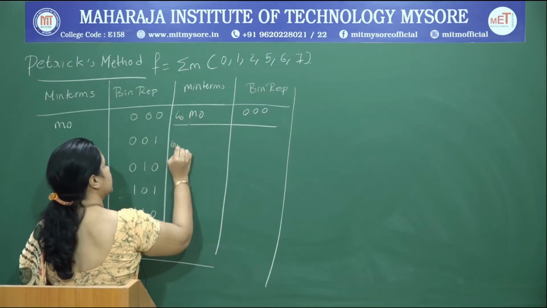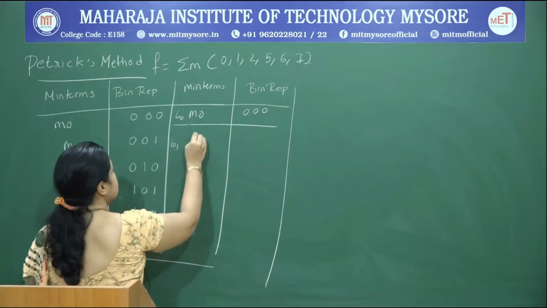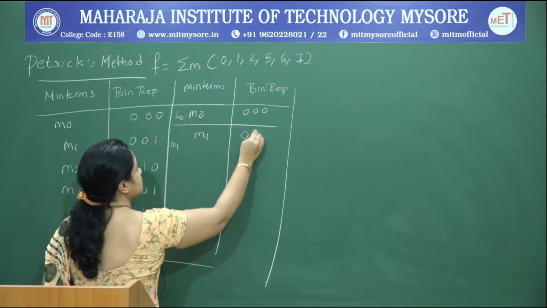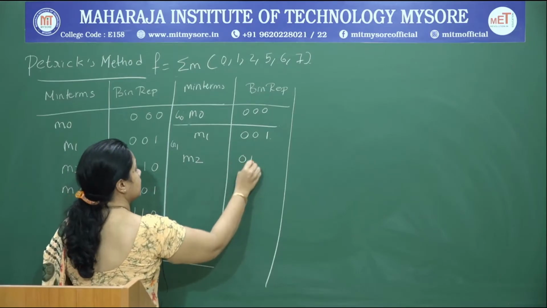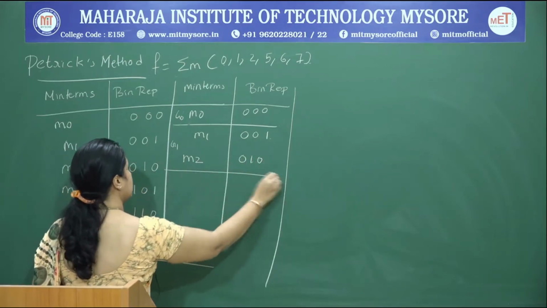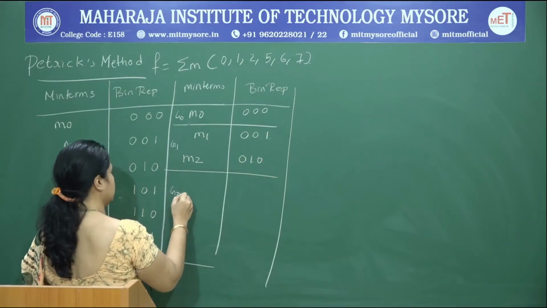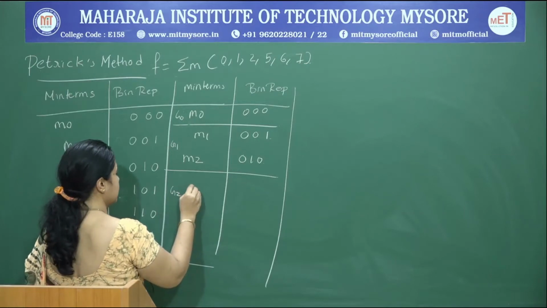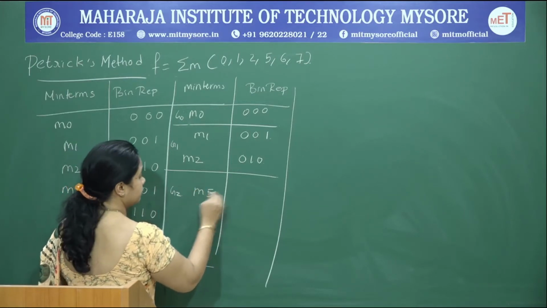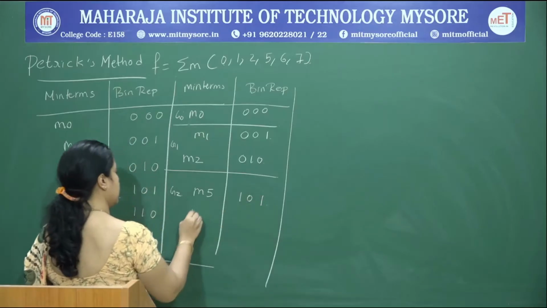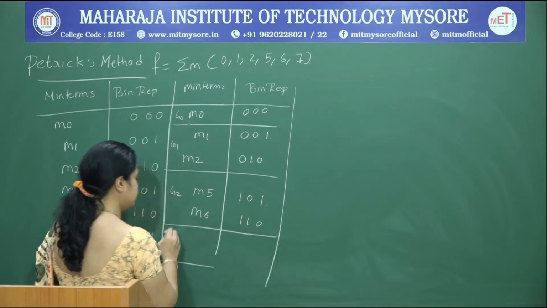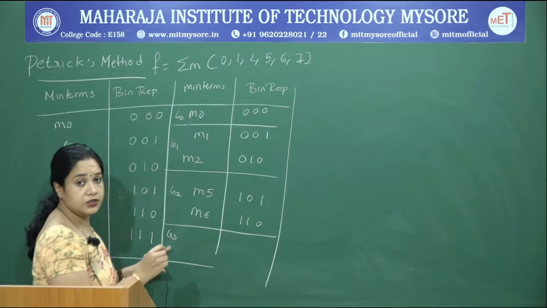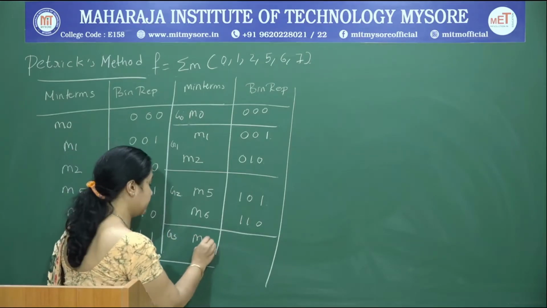Next, we have G1 comprising 1 number of one, which includes M1 0, 0, 1, M2 0, 1, 0. Next we have group 2 comprising 2 number of ones, which includes M5 101, M6 is 110, and finally group 3 comprising 3 number of ones, that is M7 111.